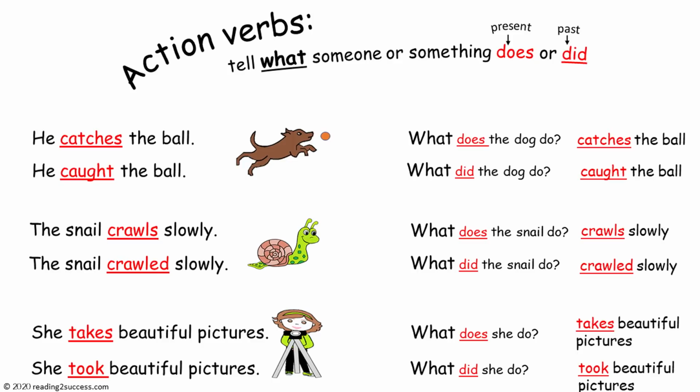The snail crawled slowly. What did the snail do? Crawled. And our last two sentences, she takes beautiful pictures. What does she do? Takes. What did she do? Took. She took beautiful pictures.